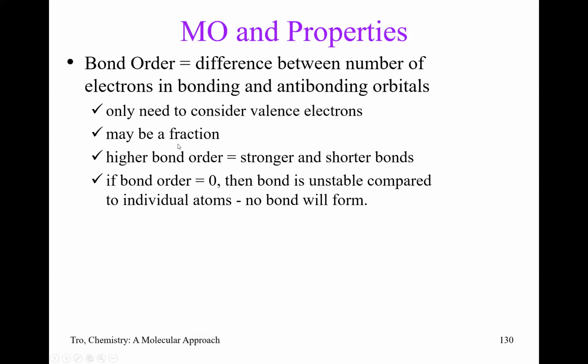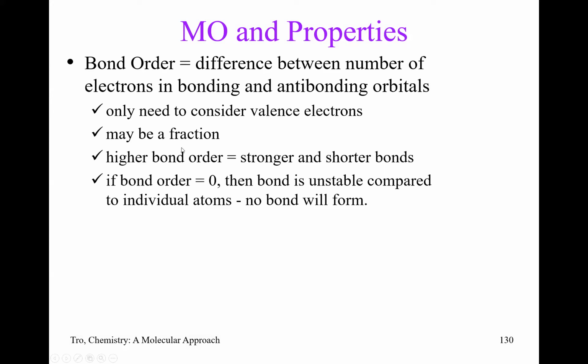Okay, bond order is kind of what we already covered, except you can have half values. So for a single bond, the bond order would be 1. A double bond, the bond order would be 2. As usual, we're only considering the valence electrons.